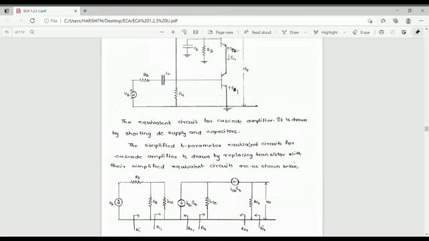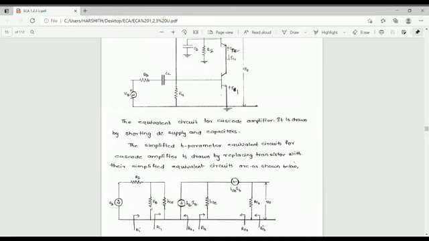In the H parameter model, the simplified H parameter equivalent circuit for the cascode amplifier is drawn by replacing the transistors with their simplified equivalent circuits. In this circuit, Vs is the voltage source, Rs is the source resistance, and the current is Is.